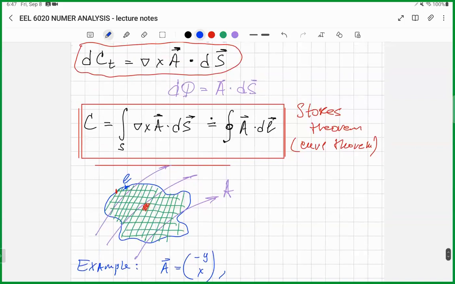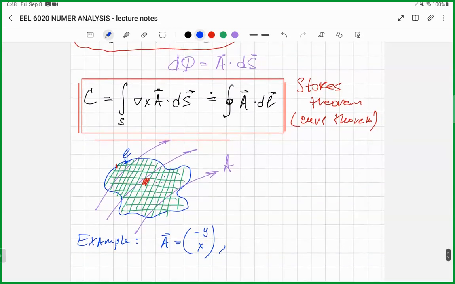Mathematically, it is equal to this integral over the surface, and you discretize this area by small ds, and find the dot product of curl and vector ds. So it's not a vector anymore; it's a scalar, and each pixel gets assigned a scalar, with plus and minus, positive, negative, and then you just sum up all of these numbers.